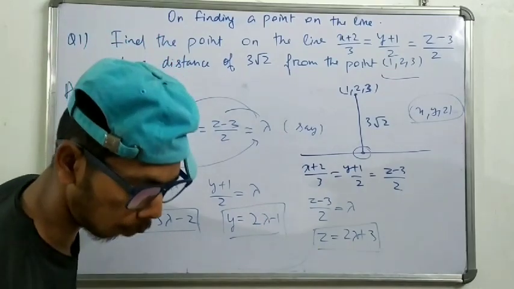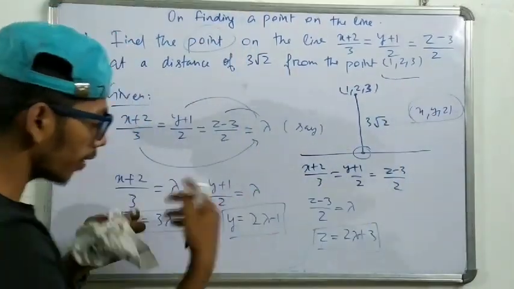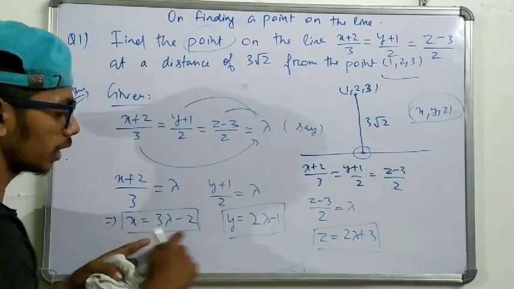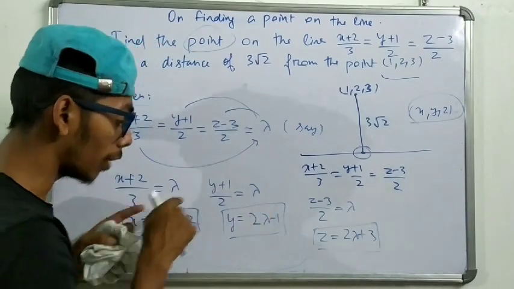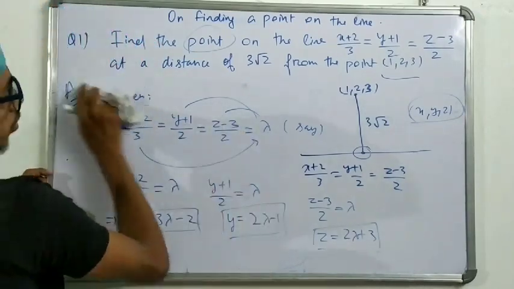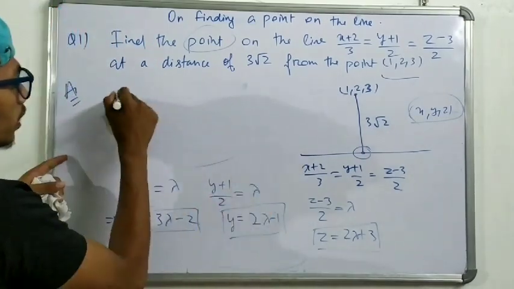So what is my point? We have to find this point x comma y comma z, and we have already found the values of x, y, z in terms of lambda. So what is my point?